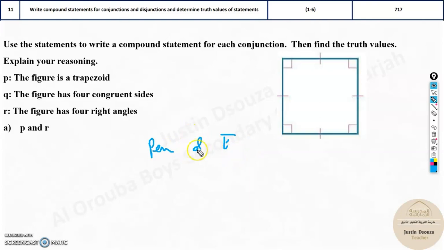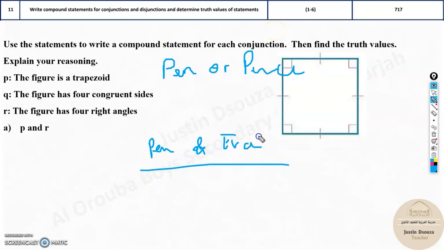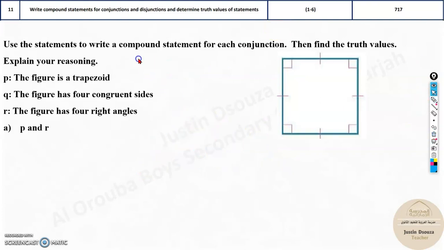Without that, I cannot continue. So both are required. But imagine I say pen or pencil. This means any one is fine. If I get a pen, it's enough. Or if I get a pencil, it's enough. One needs to be true. But here, "and" means both need to be true for the statement to be true.